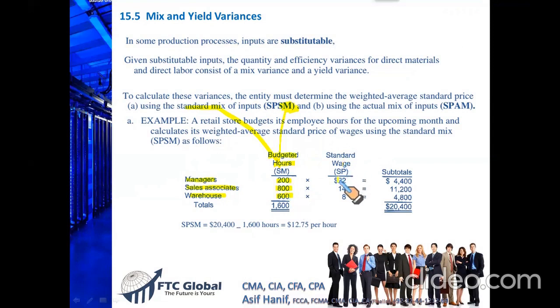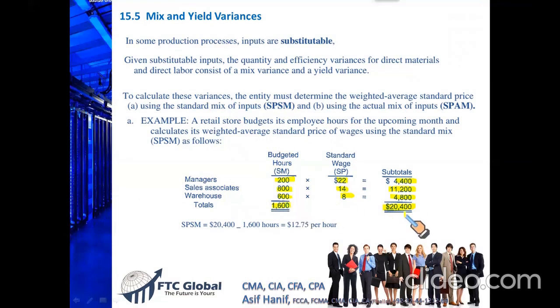And we pay $22 per hour to our managers. We pay $14 to our sales associates per hour and $8 to warehouse. Now, if you multiply the standard hours of managers with the standard rate, sales associates with the standard rate, and warehouse with the standard rate, our total estimated cost is expected to be 20,400 for how many hours? 1600 hours.